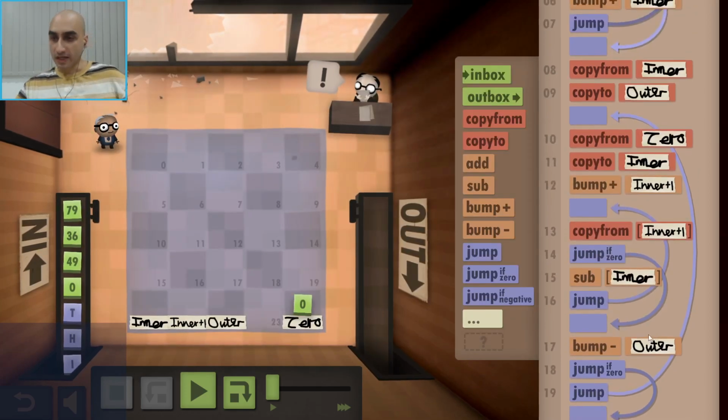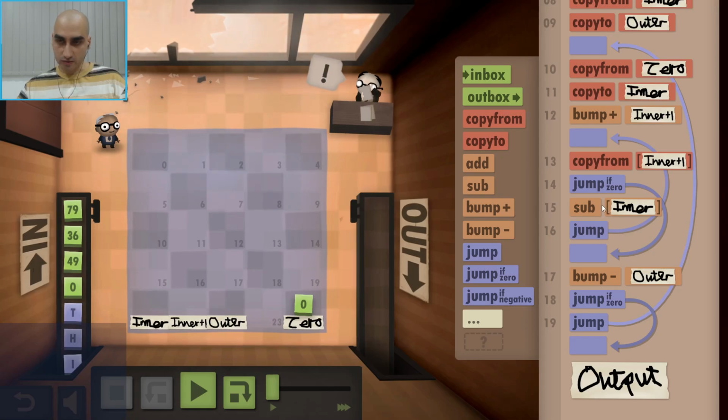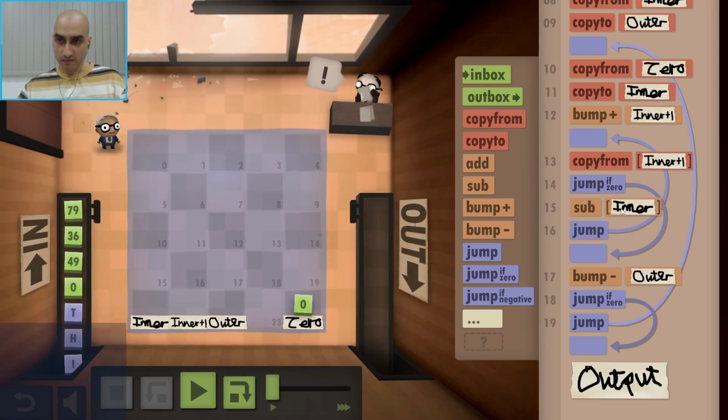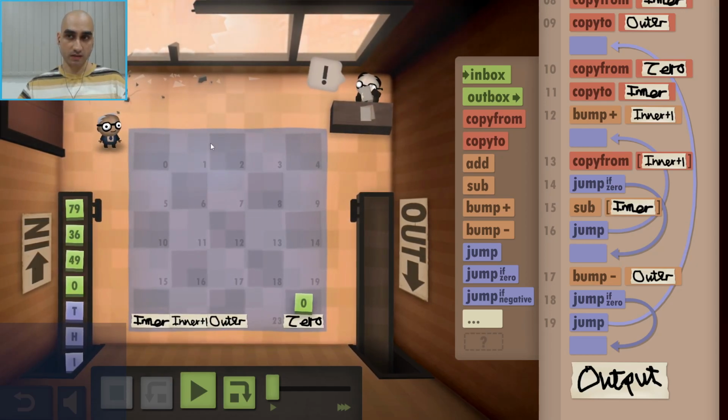Okay. And the one thing I've missed out is, what do we do when we have a negative here? So we subtract inner. Subtract the first from the second.